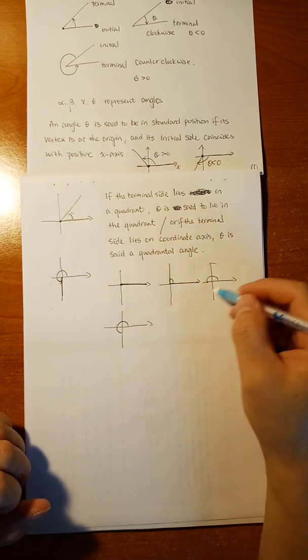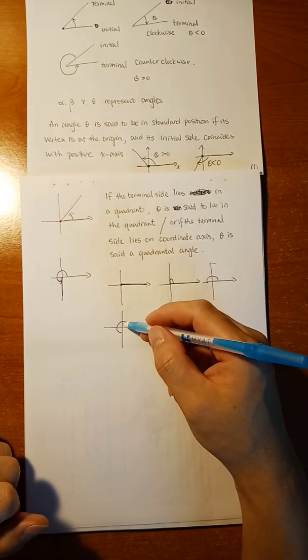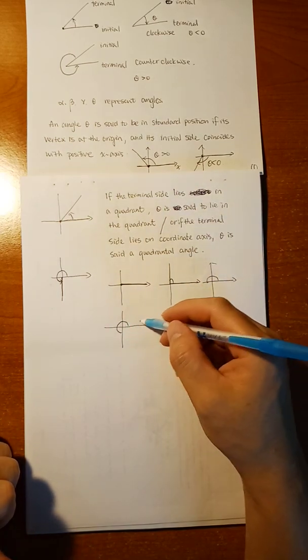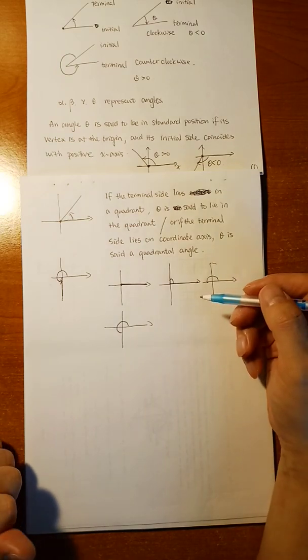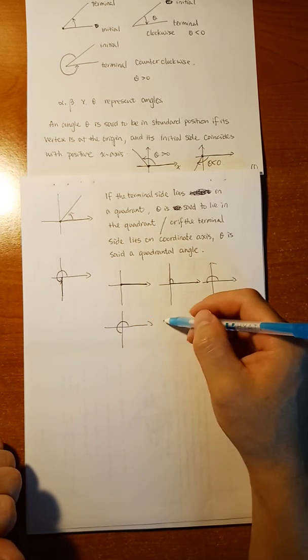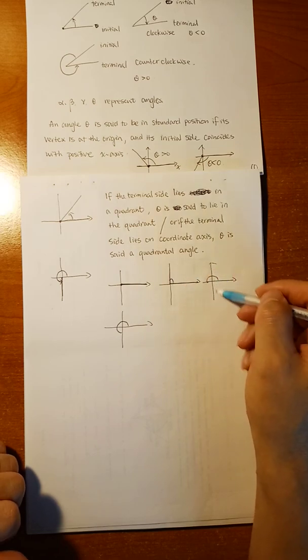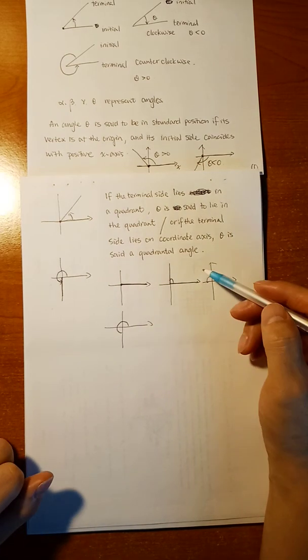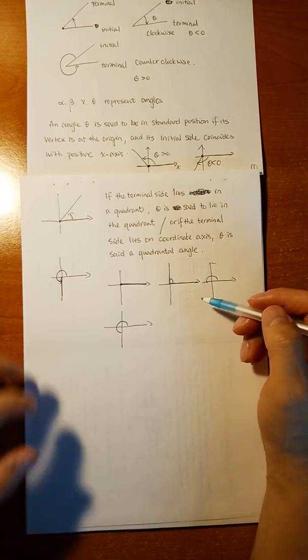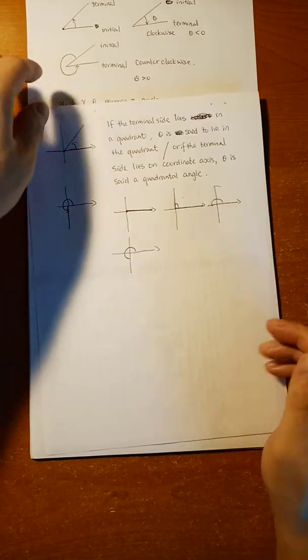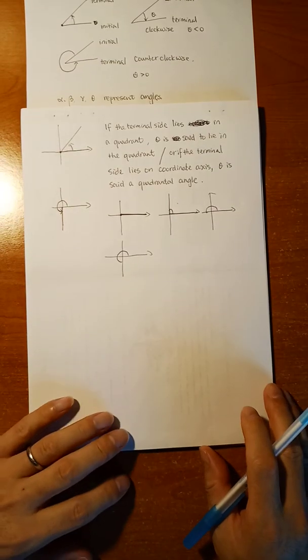There are 4 cases. They are classified by the position of the terminal side: along the positive x-axis, positive y-axis, negative x-axis, or negative y-axis. They are quadrantal angles. I just say the position, I don't say the measure.